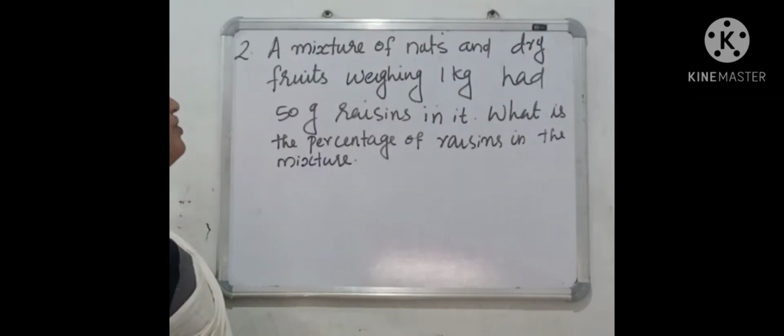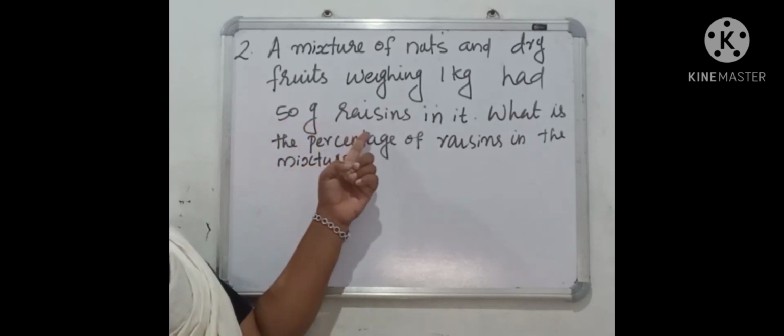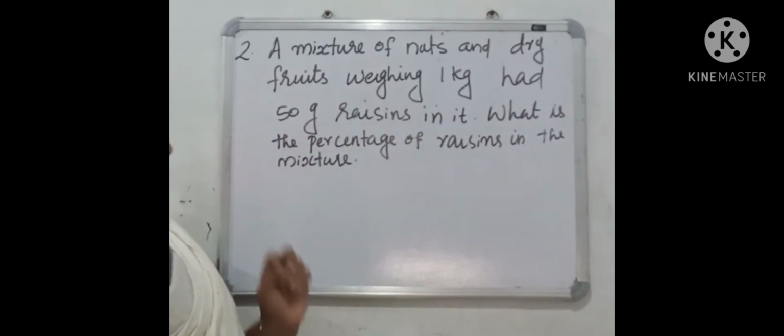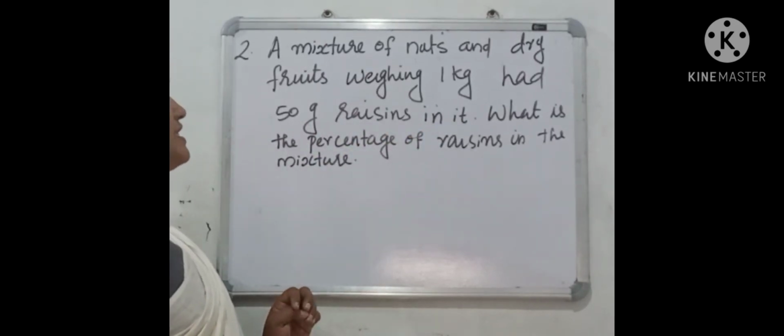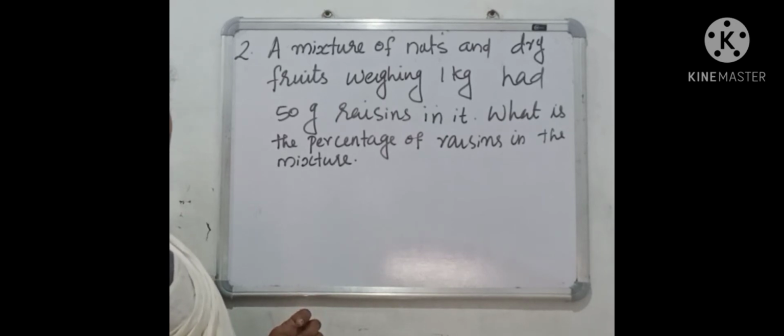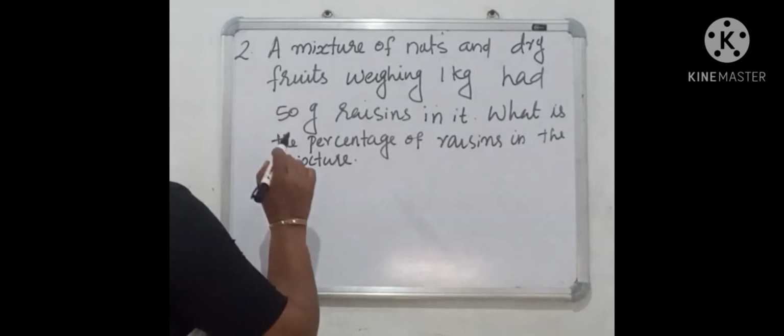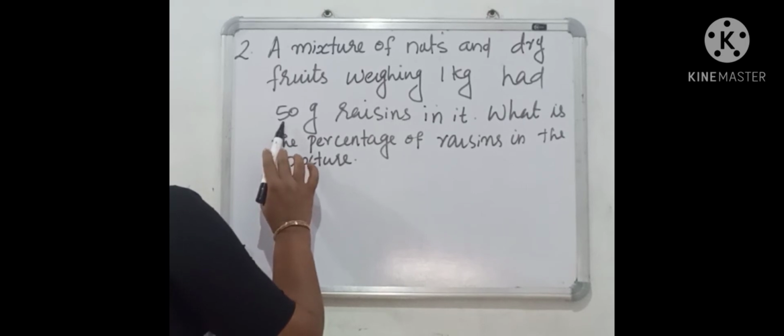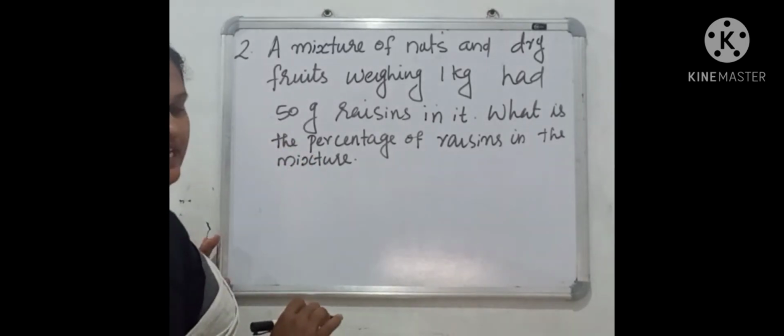Okay. Example 2. A mixture of nuts and dry fruits weighing 1 kilogram had 50 gram raisins in it. What is the percentage of raisins in the mixture? The amount of raisin is 50 gram.